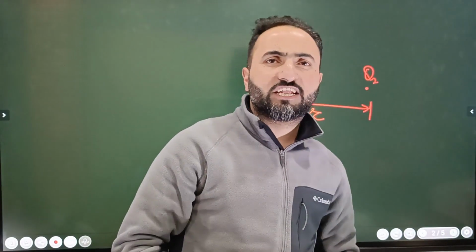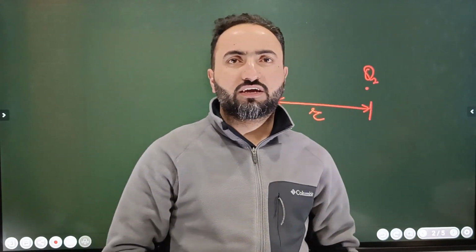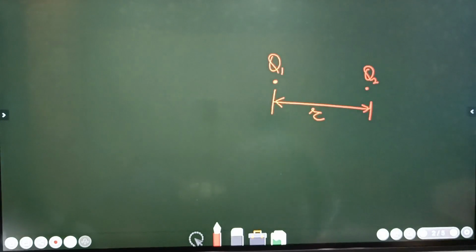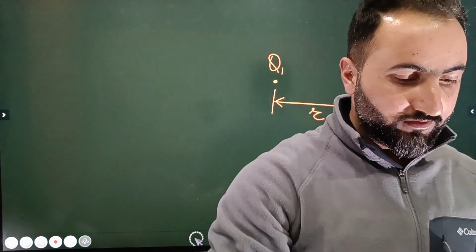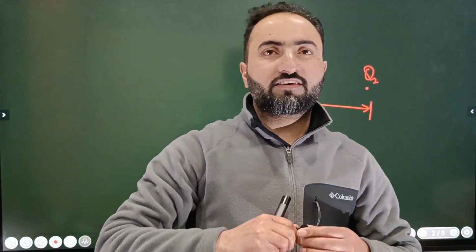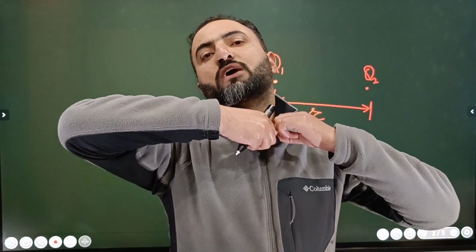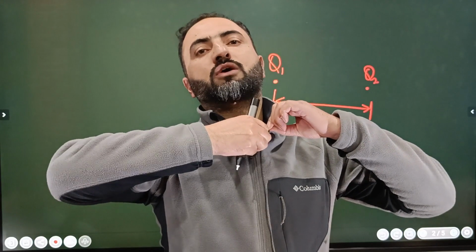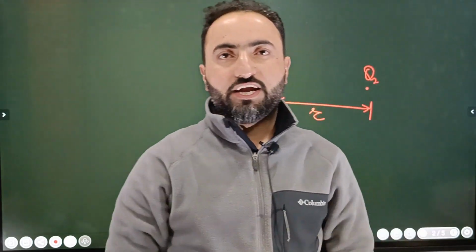Then you know a very basic thing from class 10th, and that is if the charges are like, they will repel. If the charges are unlike, they will attract. So then you know from the basics that if the charges are like, for example positive will repel positive and negative will repel negative, isn't it? And if they are positive and negative, they will attract, isn't it?